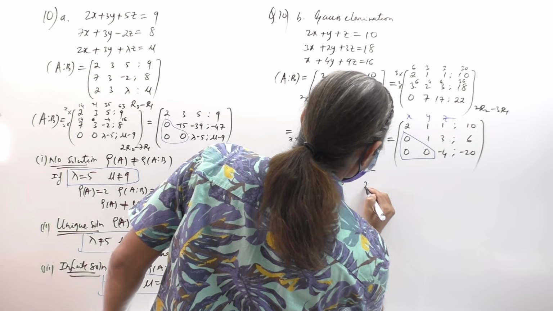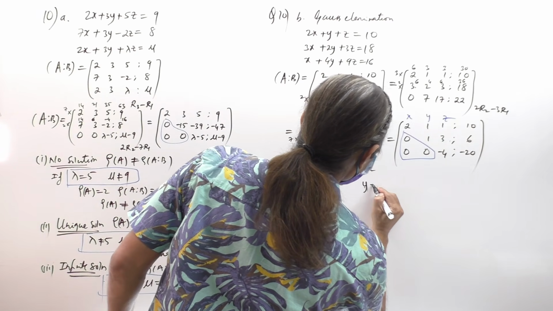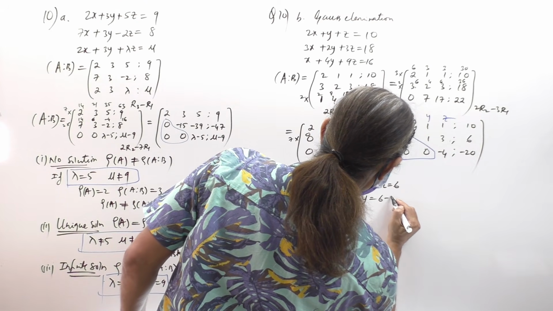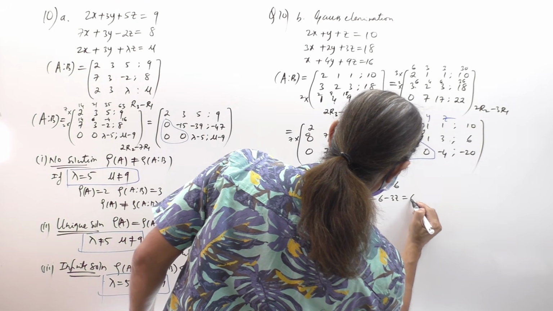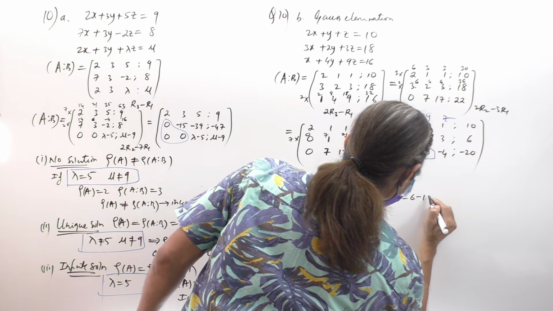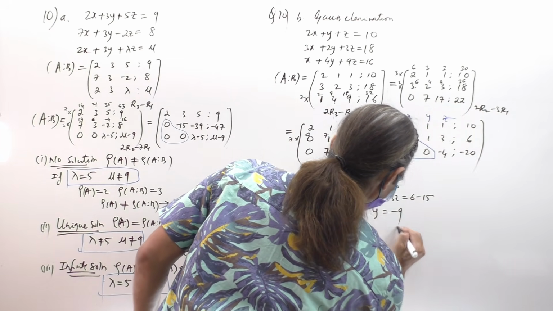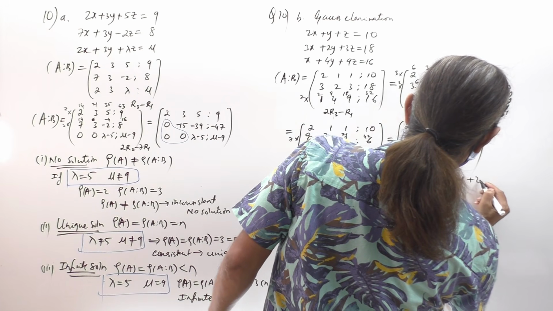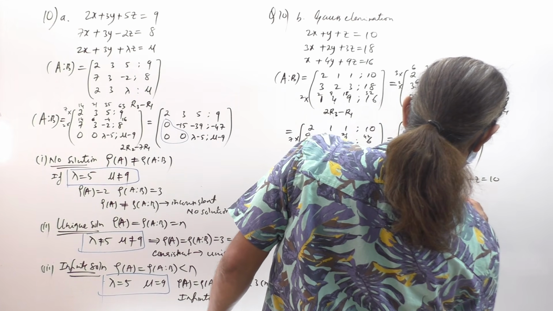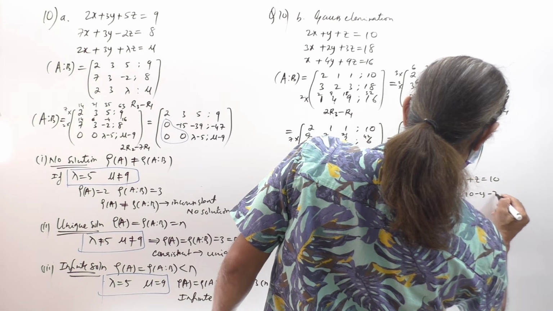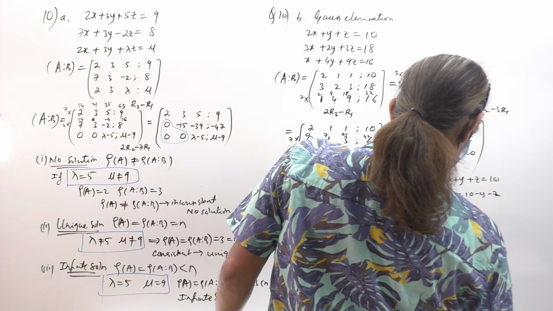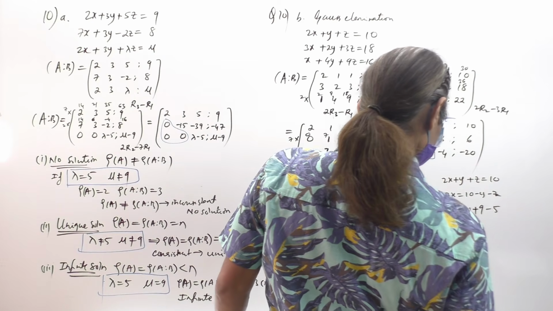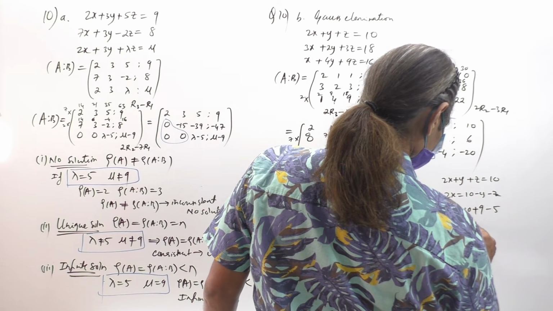Put in second row, so y plus 3z is equal to 6, y is equal to 6 minus 3z, that is 6 minus 15, that is y is equal to minus 9, and lastly 2x plus y plus z is equal to 10, so 2x is equal to 10 minus y minus z, that is 10 plus 9 minus 5, so 14, so x is equal to 7.